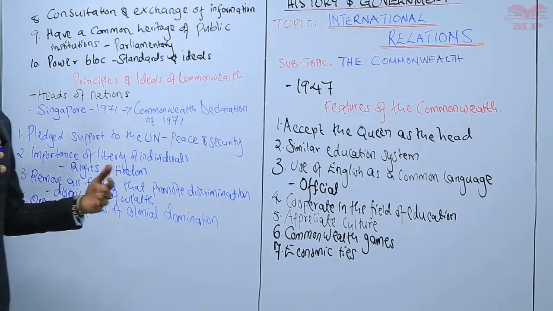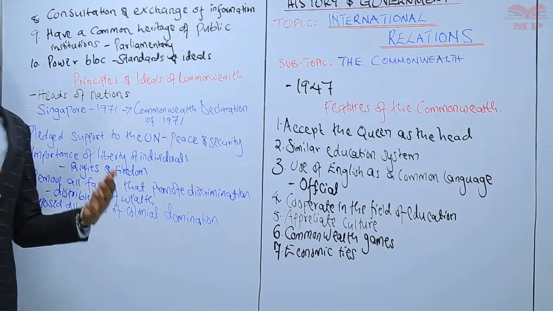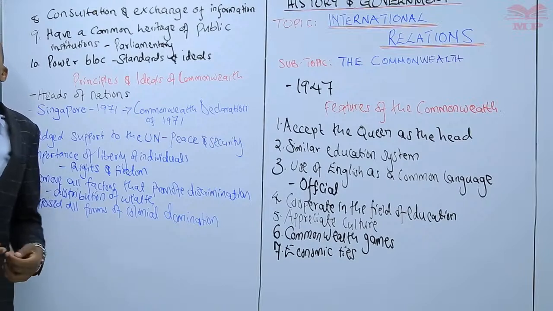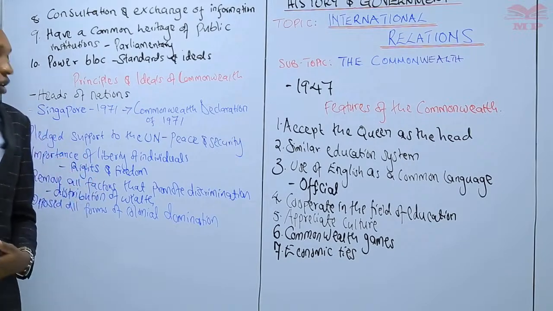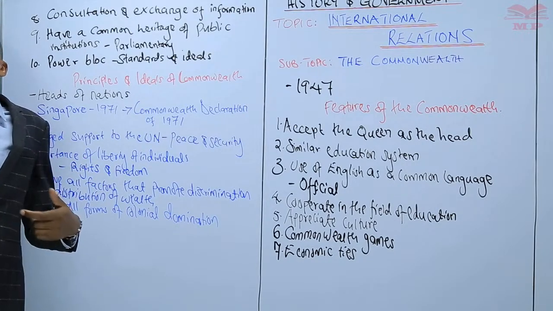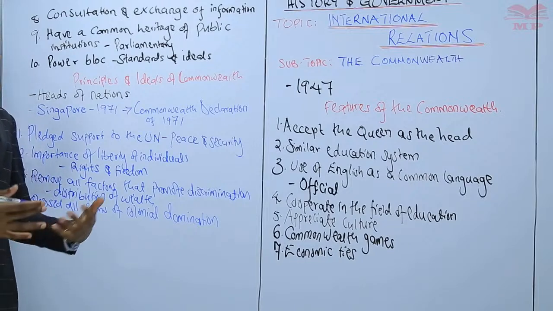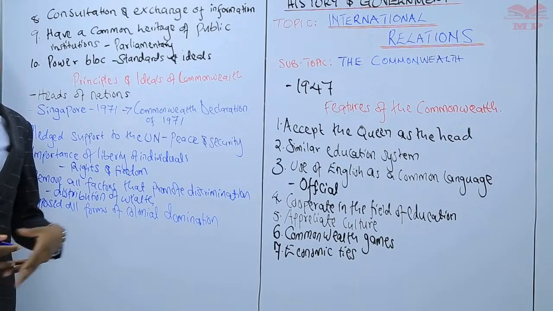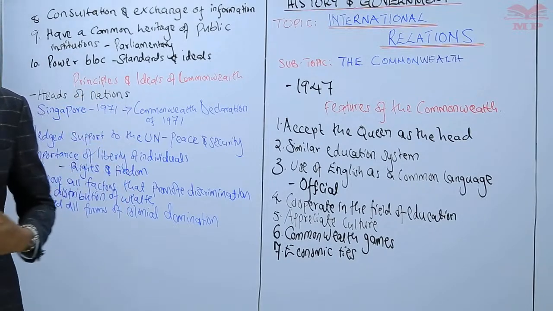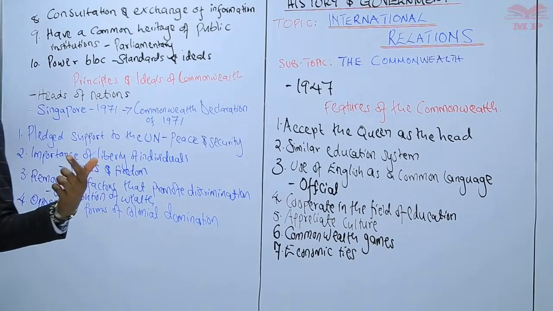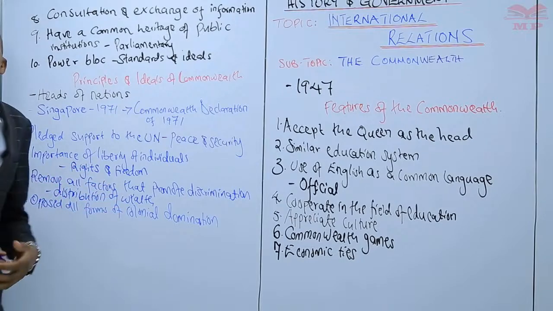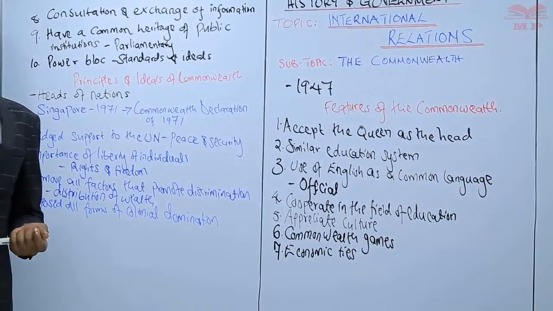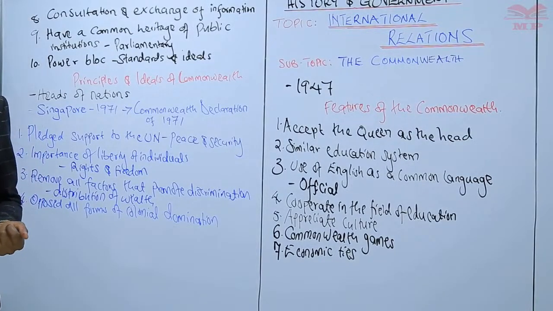That means that the members of the Commonwealth had zero tolerance to any kind of colonization. No country was supposed to be colonized. So every nation that is a member of the Commonwealth could not colonize any other country, and any colonies that are held by members of the Commonwealth were supposed to be ceded and done away with.